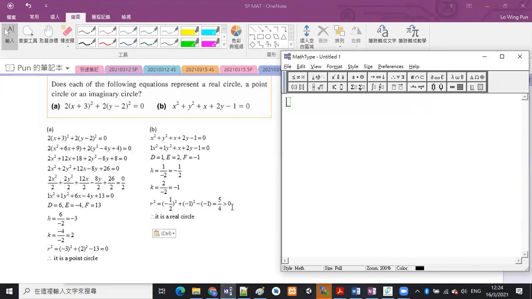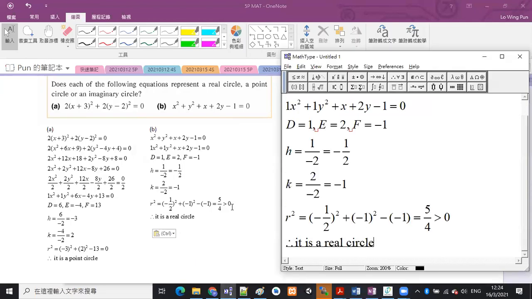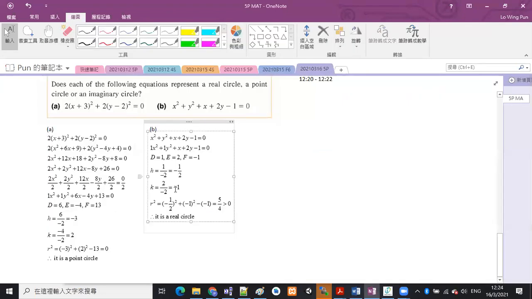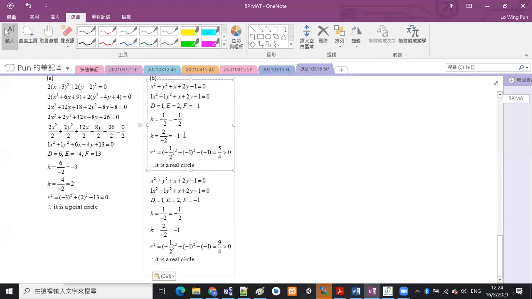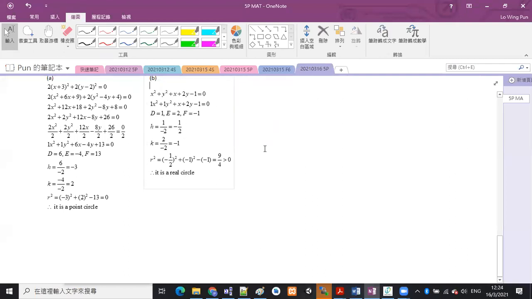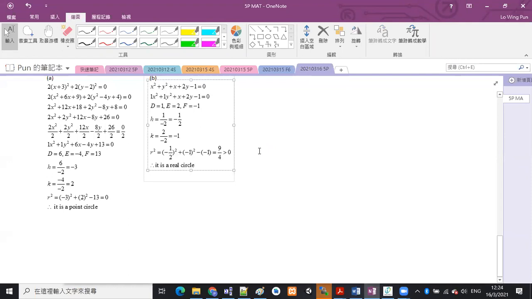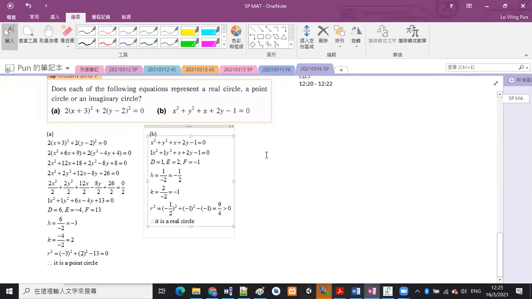Wait, it should be 9/4. Should be 9/4, sorry. Not 5/4. Should be 9/4, okay? But it is a positive number, so it should be a real circle. It's okay?